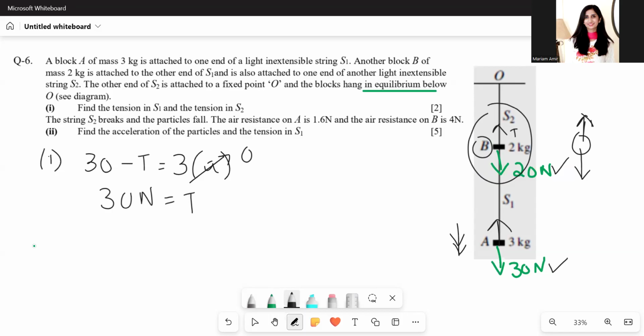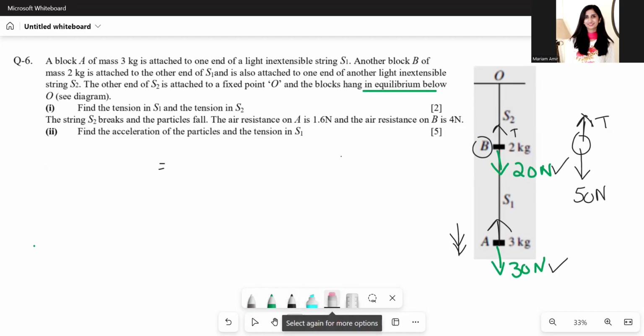So the downward force is going to be the 50 Newton weight, and the upward force is going to be tension. And since there's no acceleration, this body is at rest. So forward force is equal to backward force. So the tension in string S2 is 50 Newton. That's the answer for part 1, 30 Newton and 50 Newton.